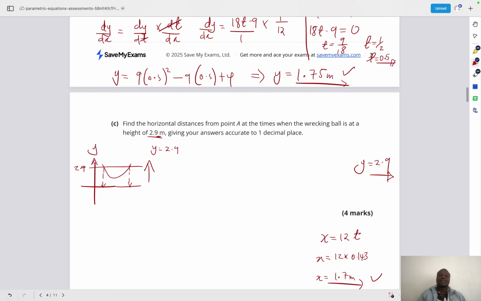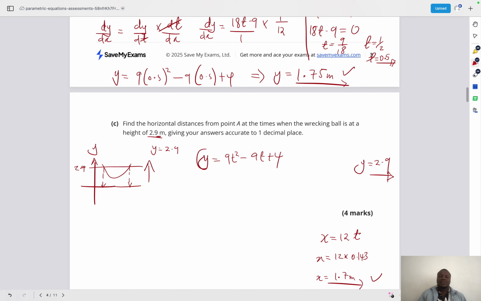Since this is a curve, this horizontal line is going to cut the curve at 2 points, and that's what we are trying to find. The first thing to do is to find t when y is 2.9. You already have an equation, y equals 9t squared minus 9t plus 4.